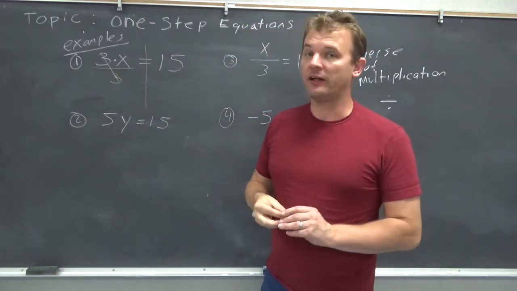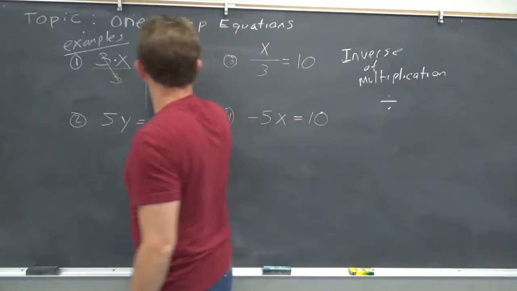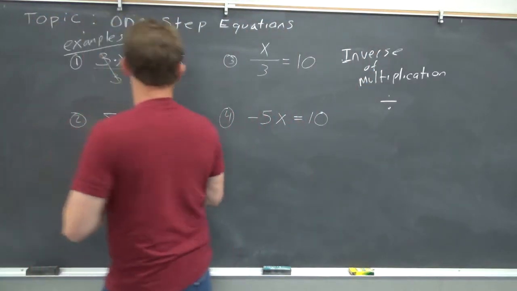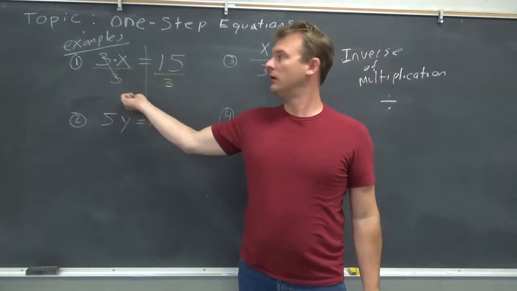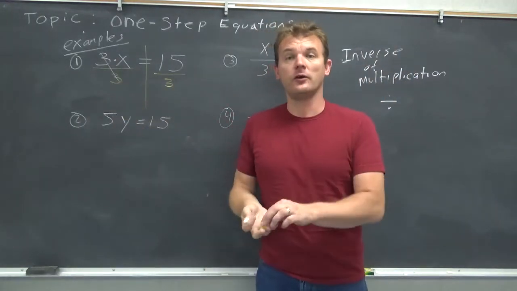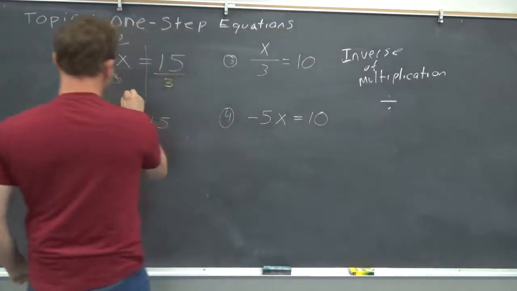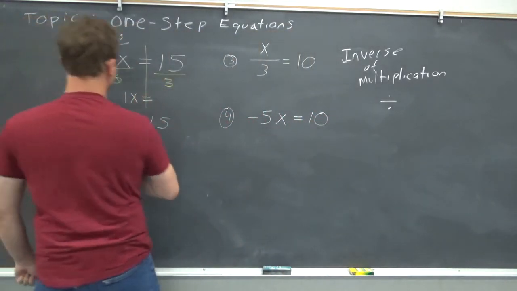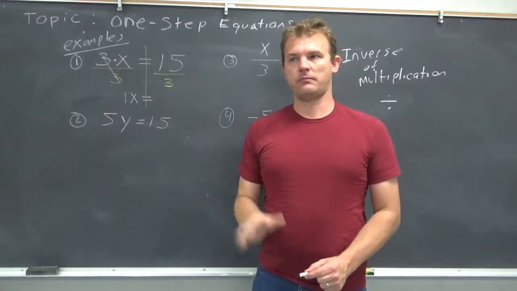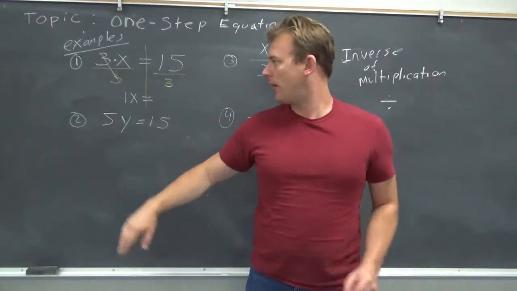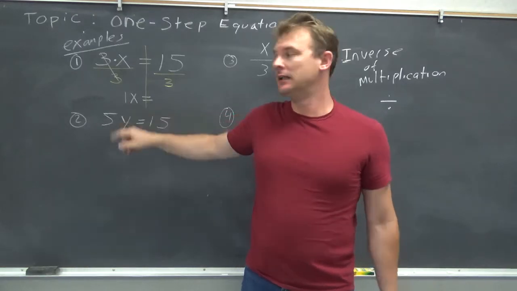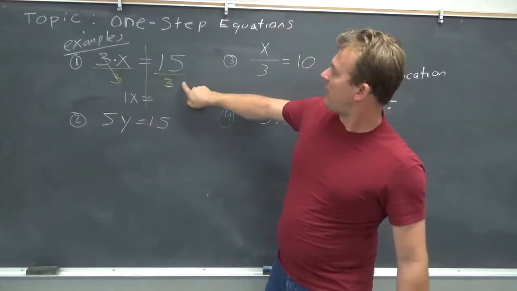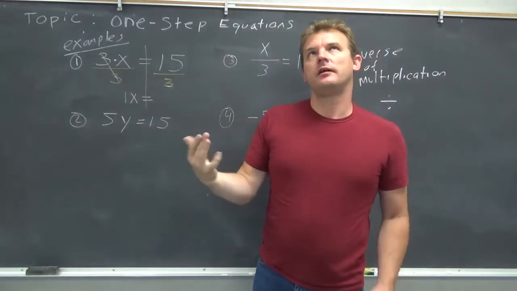You have to be fair, you have to divide by 3 also. Okay? So now, what's left on this side? The 3's go down to 1, so you could write 1x. But in my recent videos, I said I do not want you to write the 1 anymore, because it's redundant. What is 15 divided by 3? Well, let's see, 3 times 5, right?